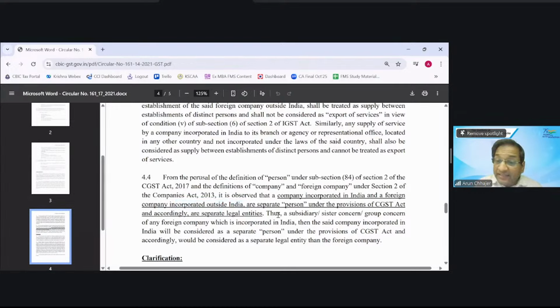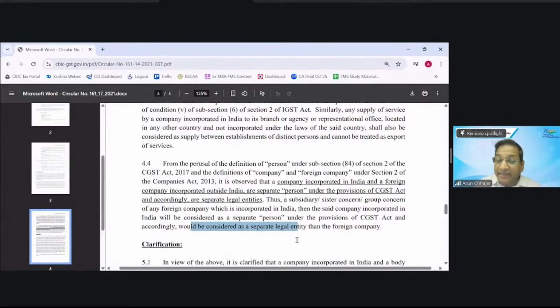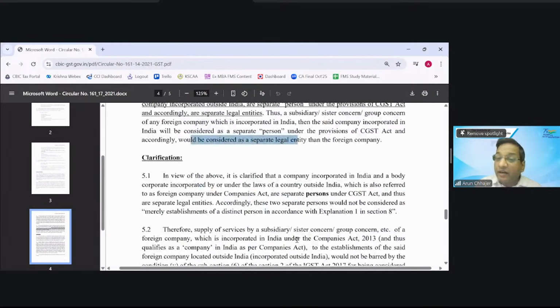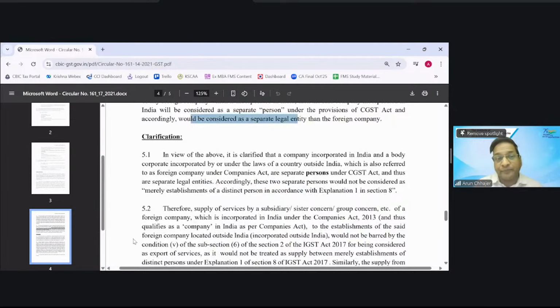Thus, a subsidiary company, sister concern or group concern of any foreign company which is incorporated in India, then the said company incorporated in India will be considered as a separate person under the provision of the GST and accordingly would be considered as a separate legal entity than the foreign company.